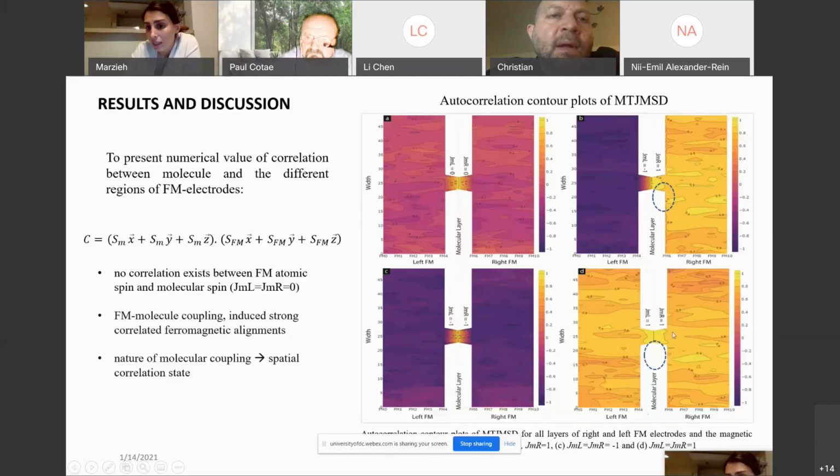And in the last case, the molecule can make ferromagnetic coupling with respect to both electrodes. Again, this circle should be higher, and it shows that at the cross junction we have a stronger correlation. So the nature of molecular couplings that we are changing in this simulation influences the spatial correlation states of the spins of the whole device behavior.